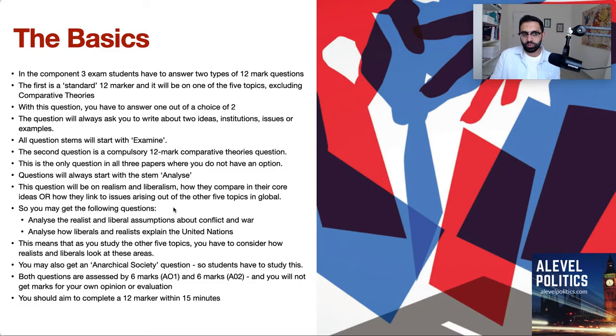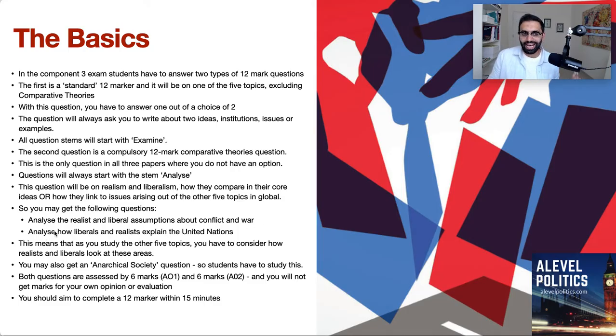So you could get a question asking you to analyze the realist and liberal assumptions about conflict and war, and that's a discussion about realism and liberalism. By the way, you will never get realism on its own or liberalism on its own. It'll always be the two.